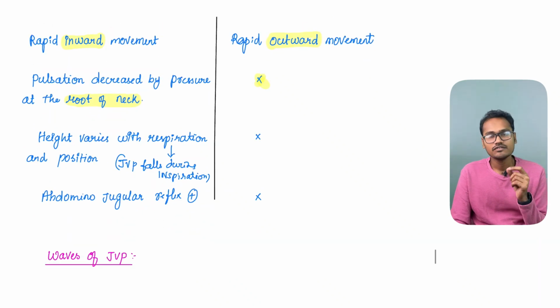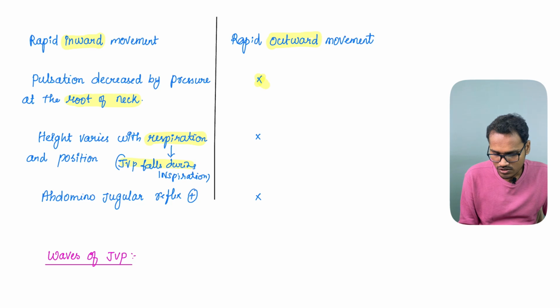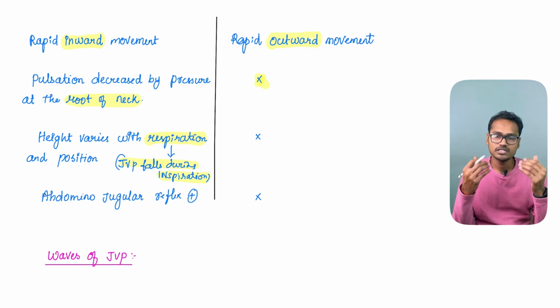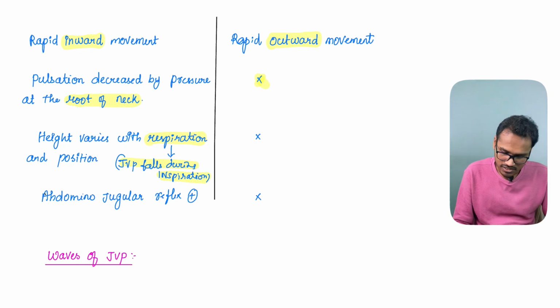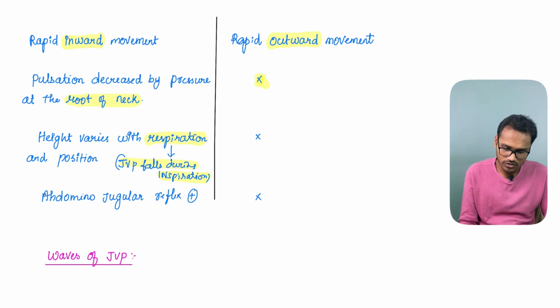Then the height of JVP varies with inspiration and expiration. So the height varies with respiration and the JVP falls during inspiration. Whenever you are inspiring, the thoracic cavity expands. There is more space for the lung to expand. So the JVP falls. So there is filling of the right atrium. So the JVP naturally falls.